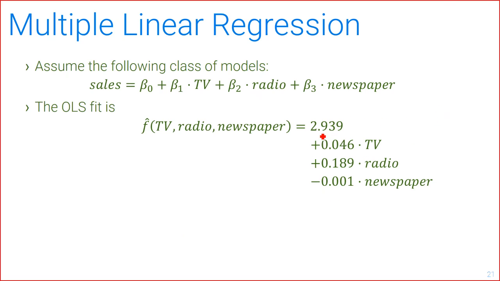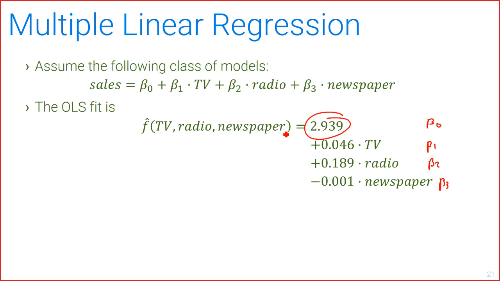So the intercept is now 2.9. I'm going to write here, this would be beta 0, beta 1, beta 2, beta 3. The intercept is interpreted as: if I don't invest anything on advertising, how much do I sell of my product?